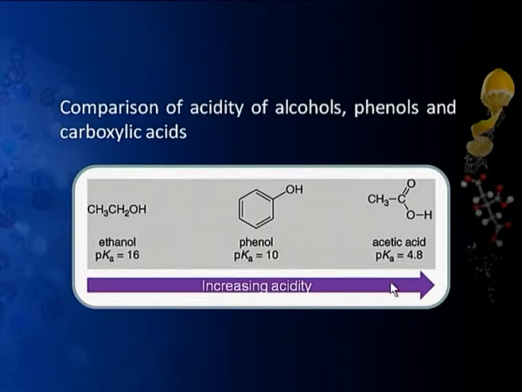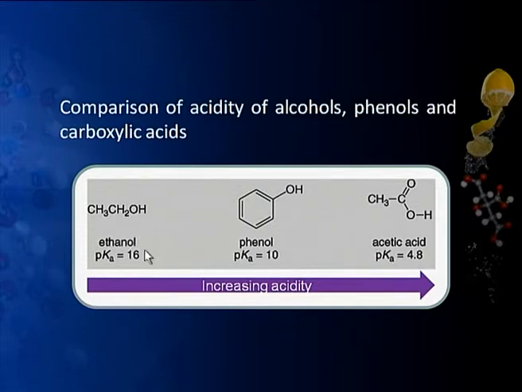We find that the pKa value for acetic acid is 4.8, that of phenol is 10, and that for alcohol is 16. So, alcohols are the weakest acid amongst these, that is why they are able to react only with metals and they do not react with bases like sodium hydroxide or sodium carbonate.